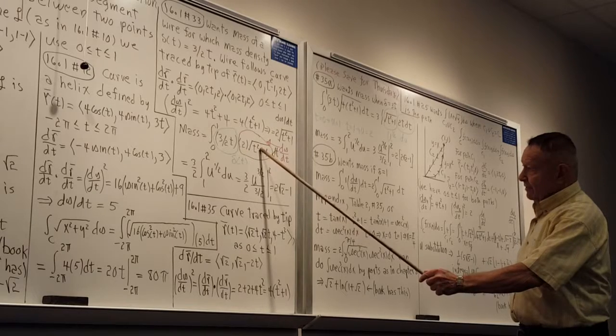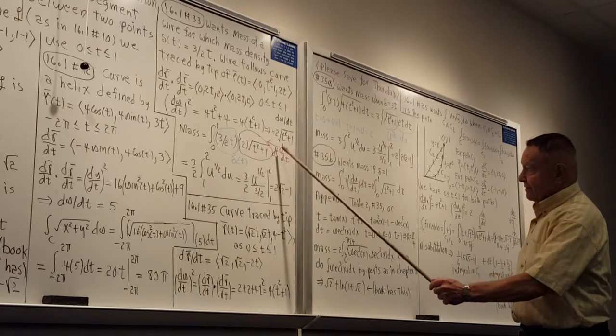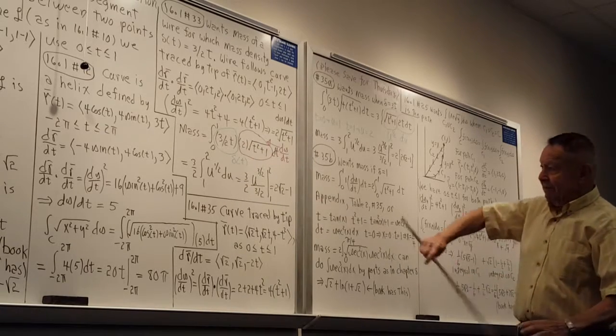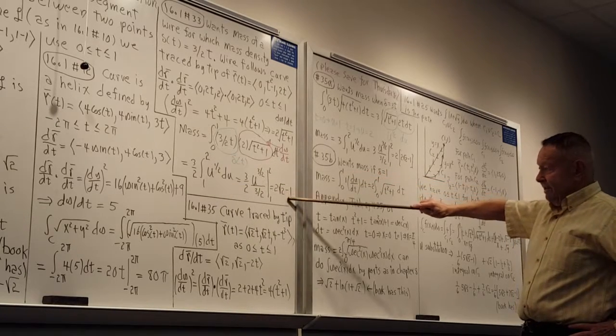So you have u to the 1/2, then t, and the 2, and the dt is the du. Change your limits to limits on u, and you get this.